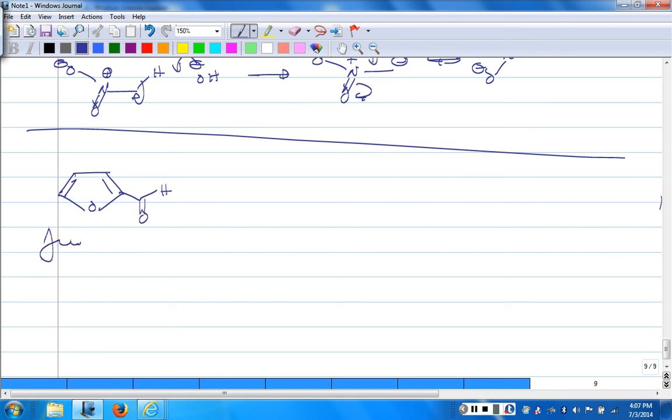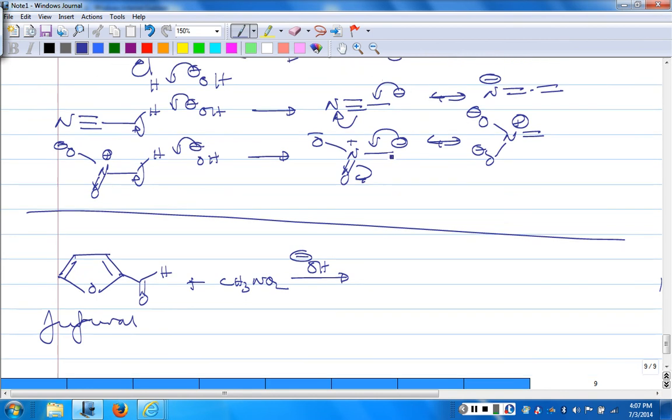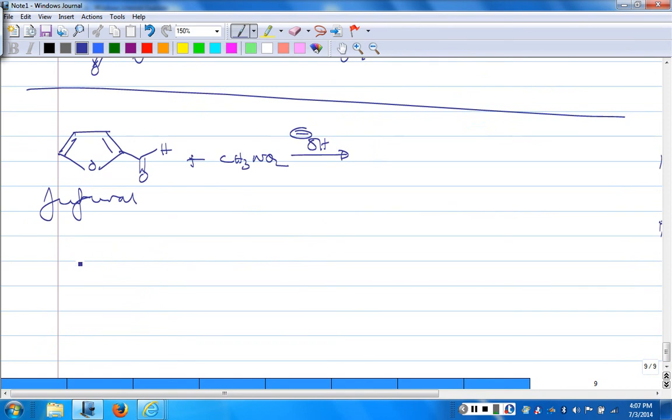It's called furfural. If I treat this with nitromethane in the presence of base, what do I get? Well, if I look at this, hopefully I'll recognize that nitromethane is a compound with an active H.